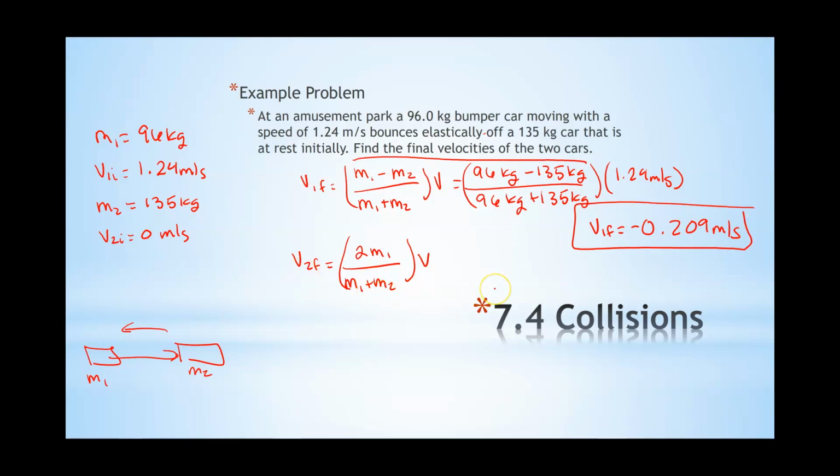All right, we're going to do the same process for v2f. So v2f is 2 times the 135 divided by 96 kilograms plus 135 kilograms, and this is times the 1.24 meters per second.